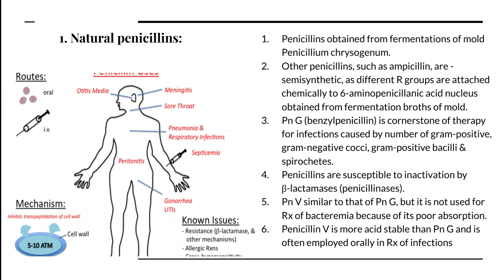Now talking about penicillin V, penicillin V is not well absorbed. If any drug is not well absorbed, do you think we can have good use of it? No, sir. So that's the point, that penicillin V is more stable than penicillin G, but it has a very poor absorption. Okay.